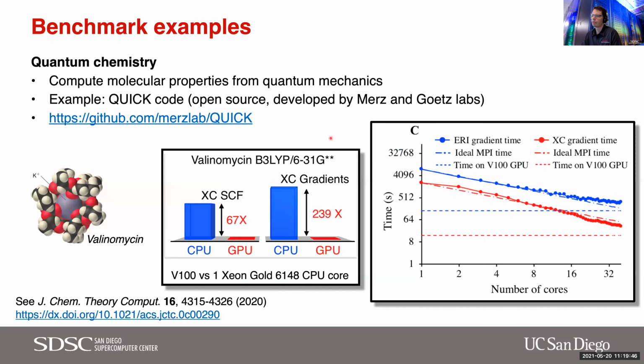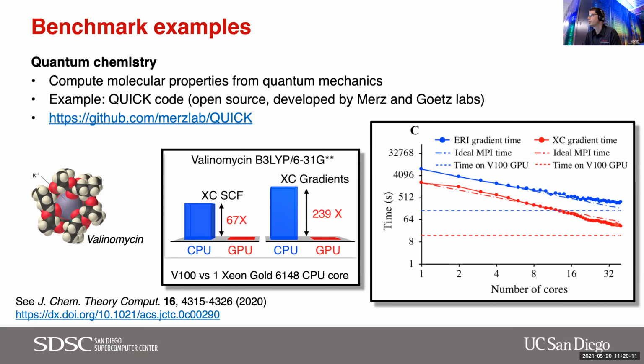Similar, we have our own quantum chemistry code, Quick, that we are developing, and you see the same. There's a certain piece of the quantum mechanical Hamiltonian that we compute, and for different parts of the calculation we see speed ups anywhere between like 50 and 200. The important part is here on the right plot, where you see the time logarithmically and the number of CPU cores.